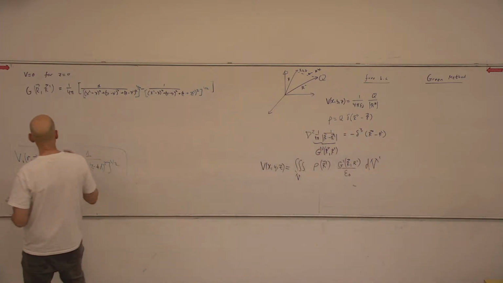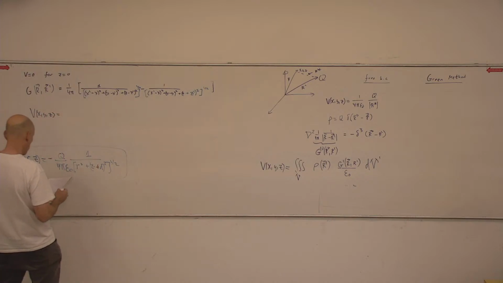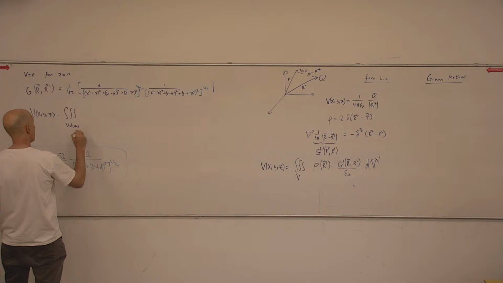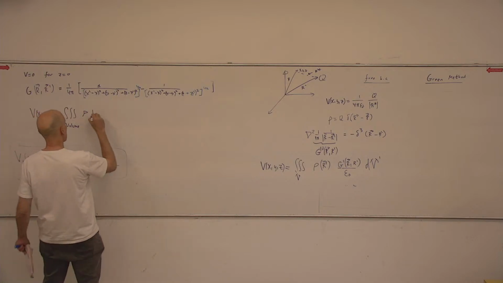Explicitly, my claim, this is still a claim, is that the potential at x, y, z is equal to the integral over the volume of all space, but soon we'll discuss this, of this R prime.